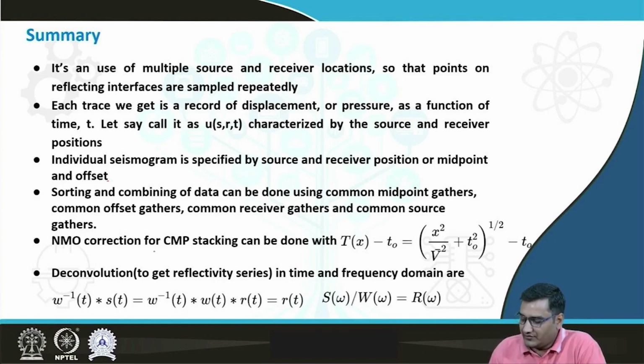NMO correction for CMP stacking can be done using this expression, where we try to find this V bar, or the RMS velocity, using velocity analysis, where we see the cross power spectrum at different velocities. Wherever the cross power spectrum reaches its peak, the corresponding velocity is the final stacking velocity. The convolution to get the reflectivity series in time and frequency domain is what we have just learned in the previous slide.